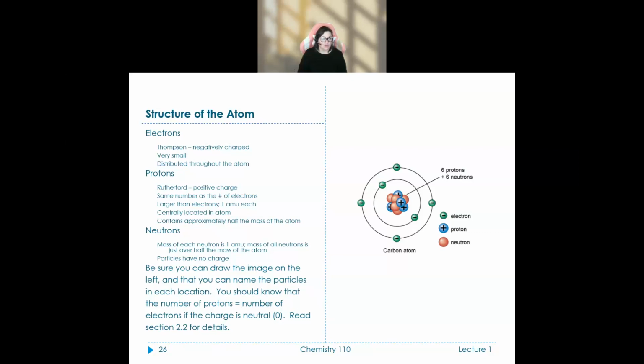You need to be able to draw this particular atom structure and identify each of the particles that are there, because they may not look exactly like that, but you need to know that the protons and the neutrons are in the nucleus, the electrons are around the outsides. Those are the things you need to be able to identify, okay?